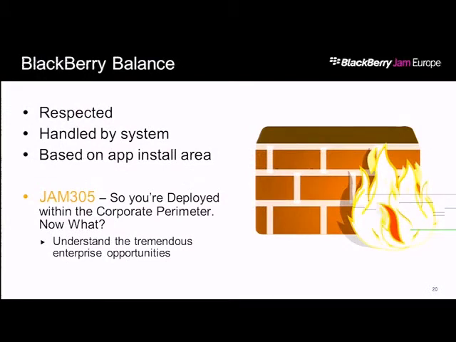So BlackBerry Balance. This is one of the key differentiating features that we've defined in BlackBerry 10. It's quite powerful in terms of enabling the bring your own device paradigm that we're seeing in enterprise. It separates the device into two distinct profiles, personal and corporate. If your application is deployed through the public BlackBerry World interface, it will go into the personal perimeter.